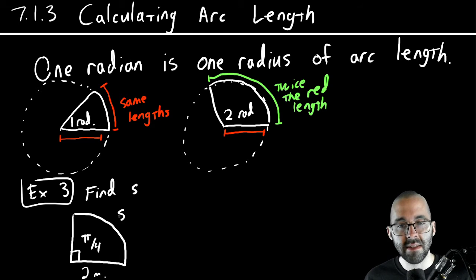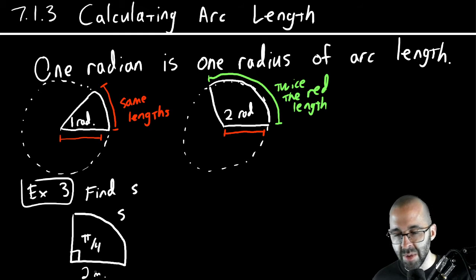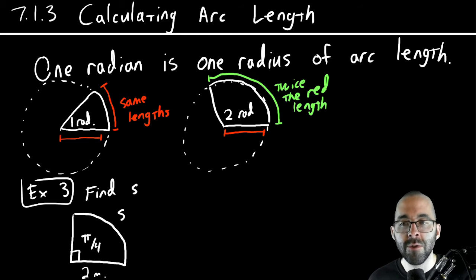Question is, what is this S? Well, if the angle was 1 radian, then it'd be 2. If the angle was 2 radians, it'd be 2 of these, or 4, and so on. But we have pi over 4 radians.